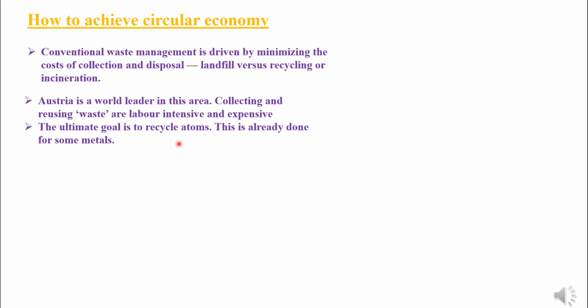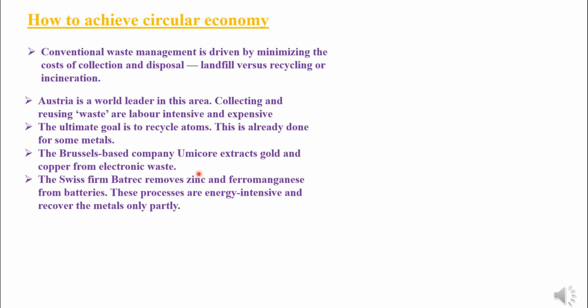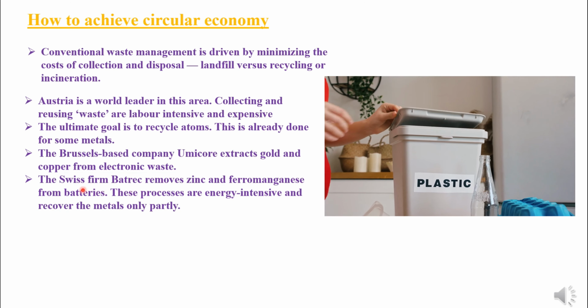Then the ultimate goal is to recycle atoms. This is already done for some of the metals. For example, Brussels-based company Umicore, it extracts gold and copper from electronic waste. Then there's another company named Bartrek from Switzerland. It removes zinc and ferromanganese from batteries.